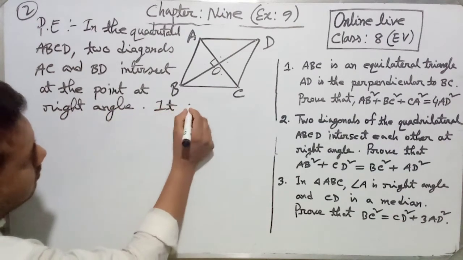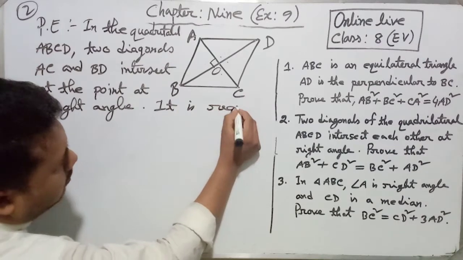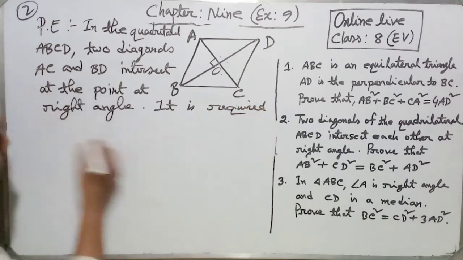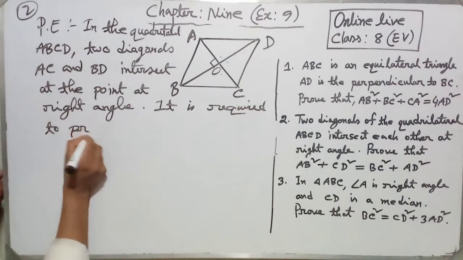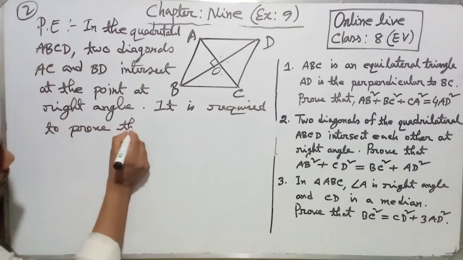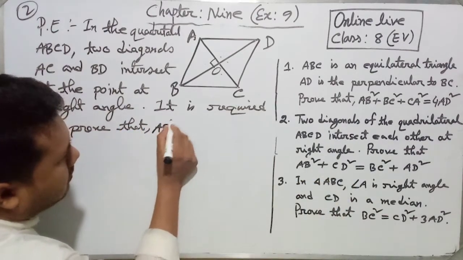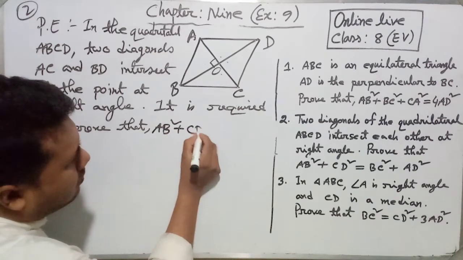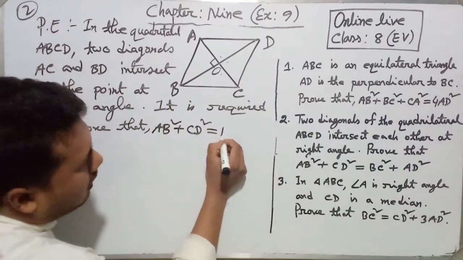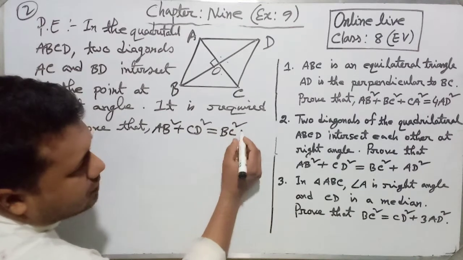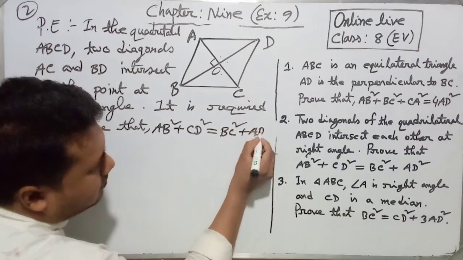It is required to prove that AB square plus CD square equal BC square plus AD square.